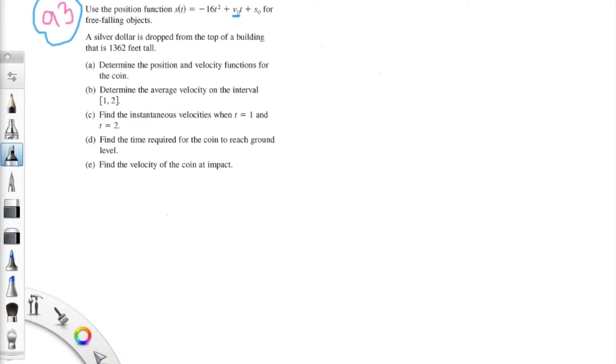So here's my work for that. When I plugged in 2, I got 1298, and then when I plugged in 1, I got 1346. And the final answer is negative 48 feet per second.